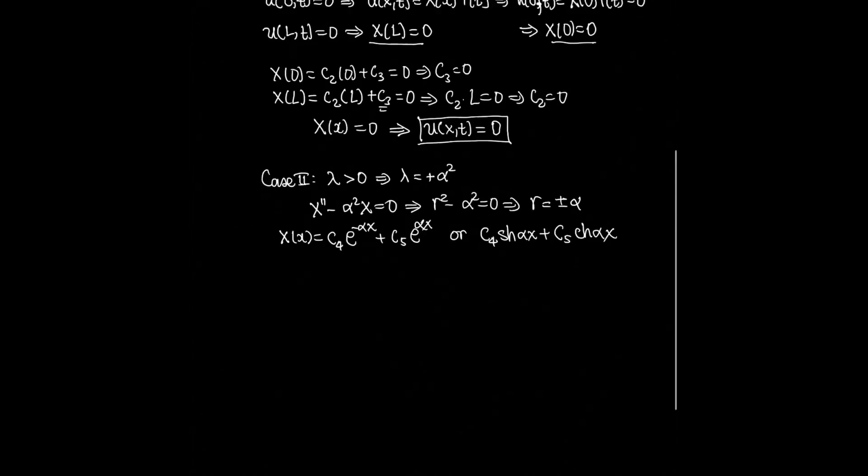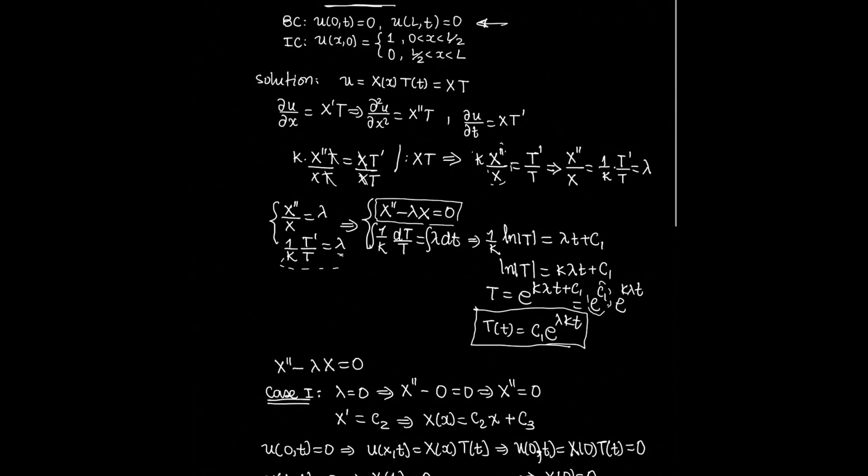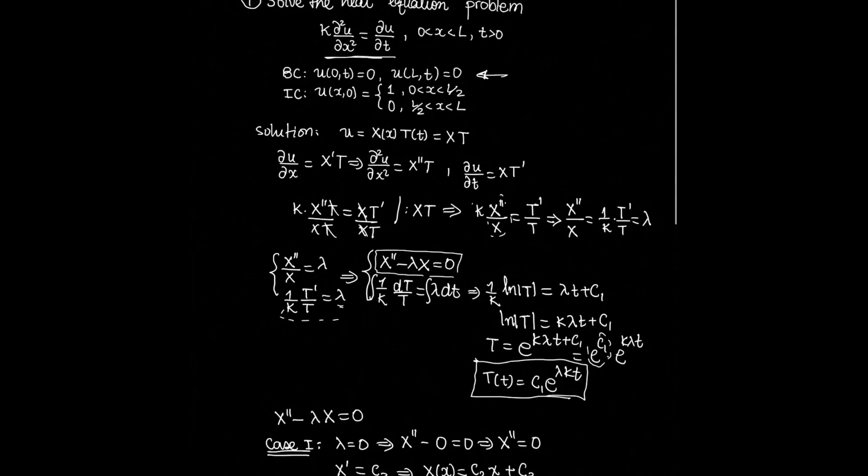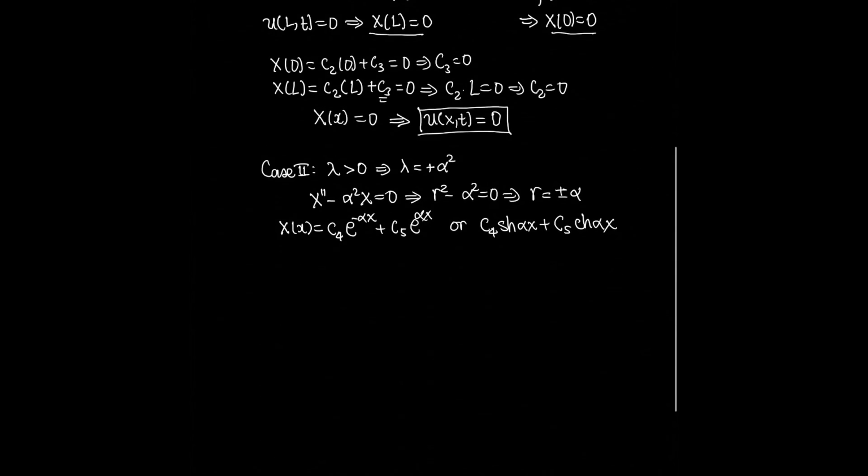For example, here the solution is bounded, for a rod that you have here at 0 and here at x equal to L. So you have the temperature here and also here. So it is bounded from 0 to L. It is a limited rod, so I'm going to use this solution.